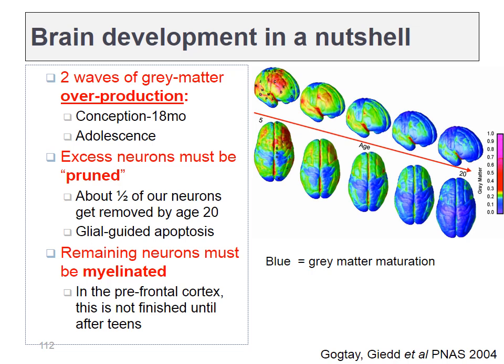This is guided by glia, and once they are sure that the pruning has been done properly, what neurons are left are myelinated, which pretty much cements them in place, and will no longer be significantly changed throughout the rest of our life. The prefrontal cortex is the last region to do this, and doesn't finish with myelination until our 20s.